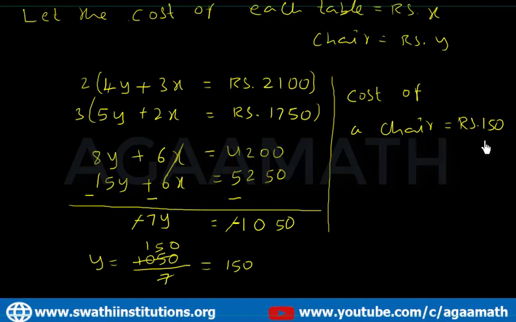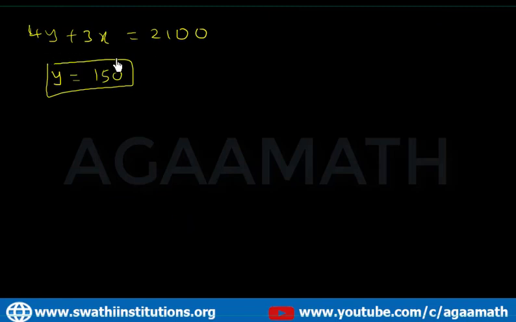Now to find the cost of a table, let us substitute the y value in the equation 4y plus 3x equals 2100, with y equals 150.